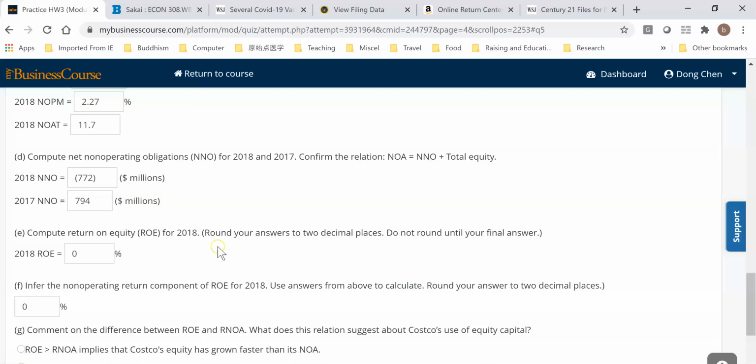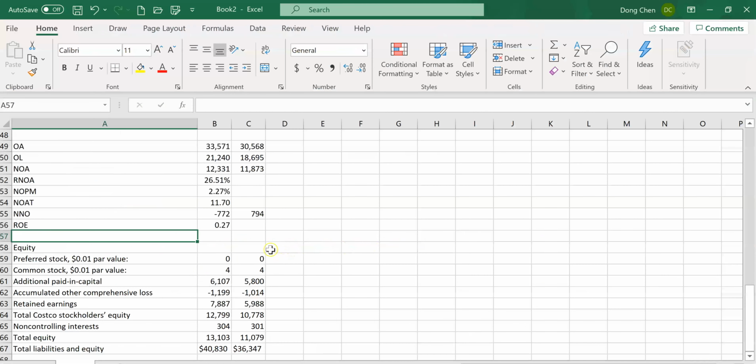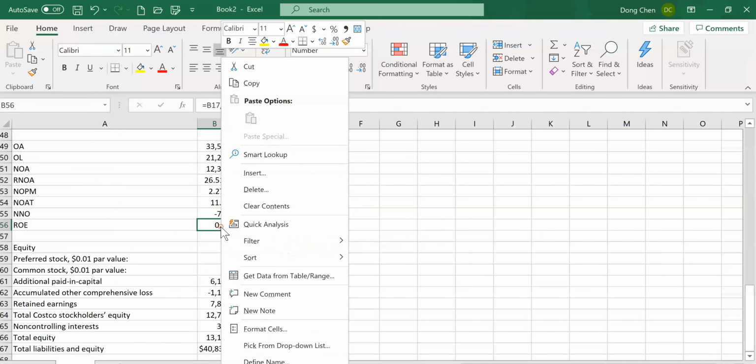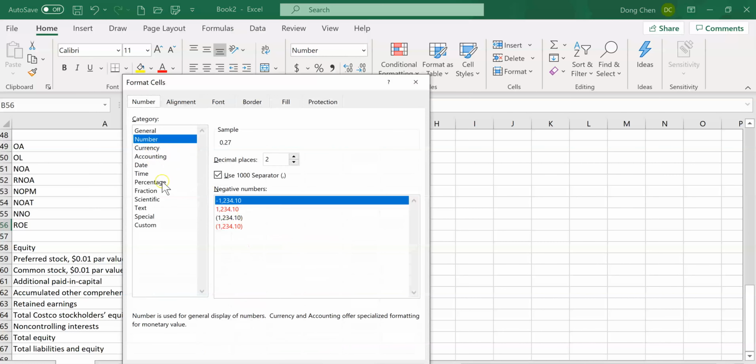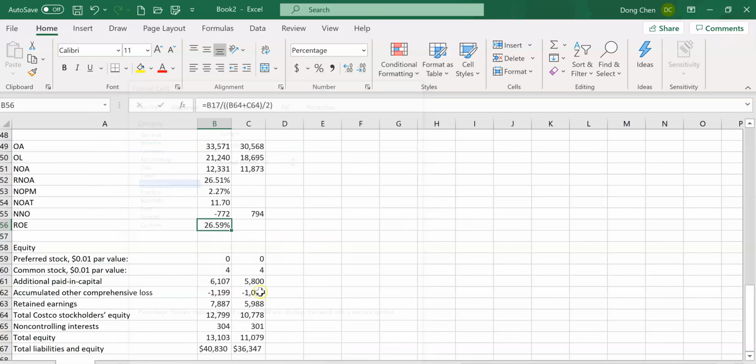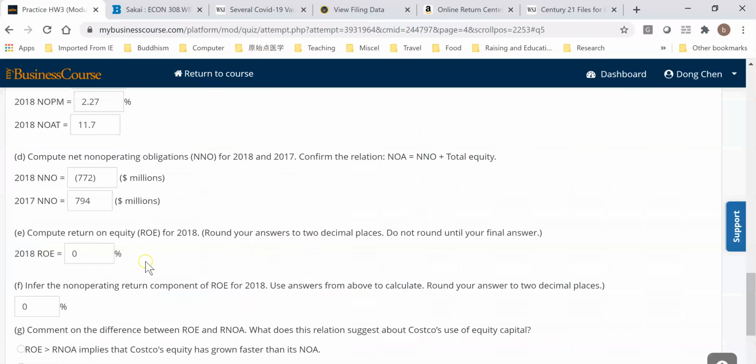This is a percentage term, round your answers to 2 decimal places, and do not round until the final step. That's what we did, so the number in percentage is 26.59.